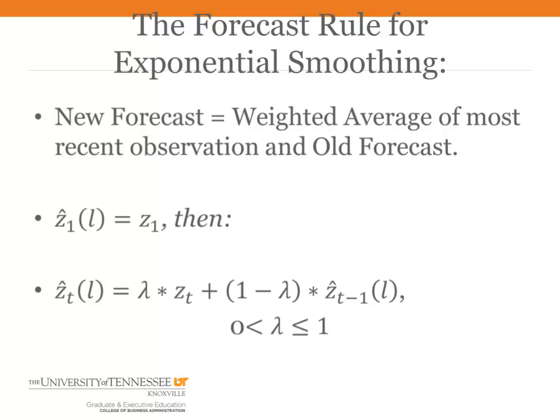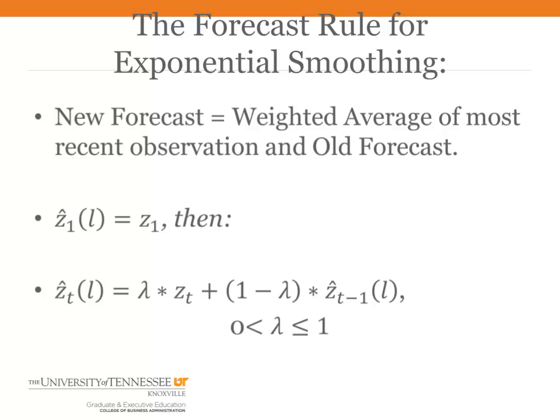Here's the math. In week 1, we set our forecast to whatever we observe. So in week 1, the forecast of all future weeks is just whatever demand we observed in that first week. Then each week after that, we adjust the forecast by using this very messy looking formula shown here.